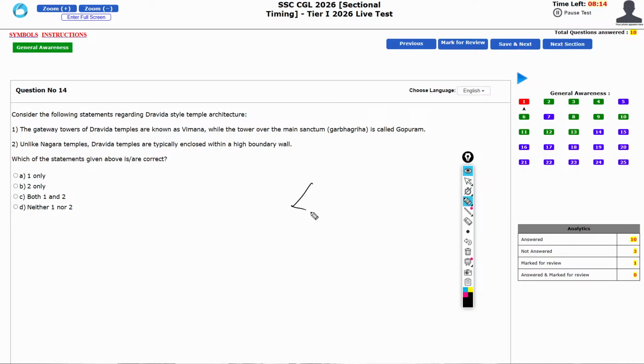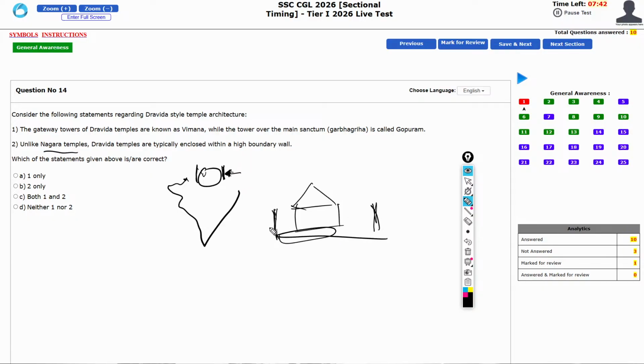I mean, if I just go by logic, Nagara is in North India, so it should have higher walls to protect from outside forces. But Dravidian, high boundary walls.